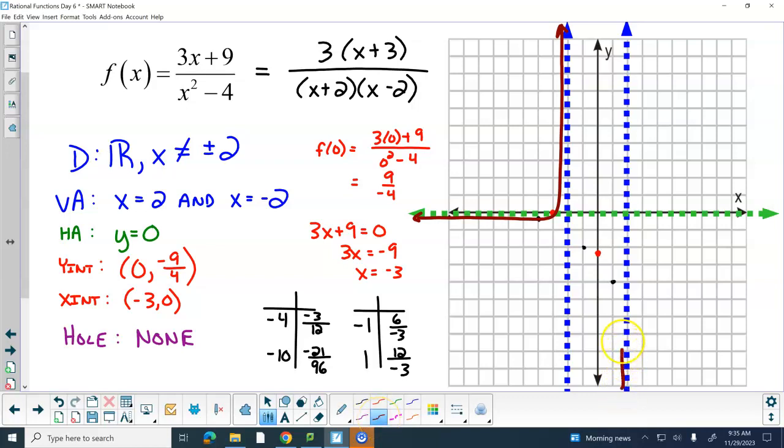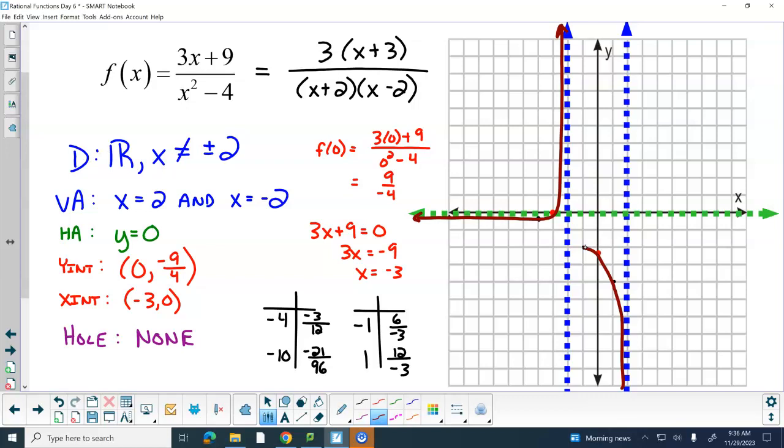Comes up along here. Comes out. Comes up. Does it go up? Yes. Why can't it cross the x-axis? There's no intercept in there. We only have one x-intercept.